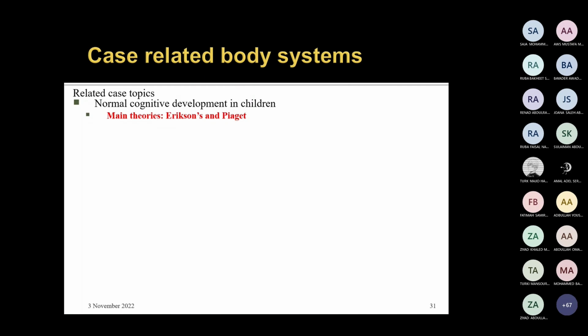This comes when you understand the normal cognitive development of children. There are two theories you are responsible for this week, which are the Erikson and Piaget theories of cognitive development: how the understanding of a human being develops from birth up to becoming an adult or a functioning person.